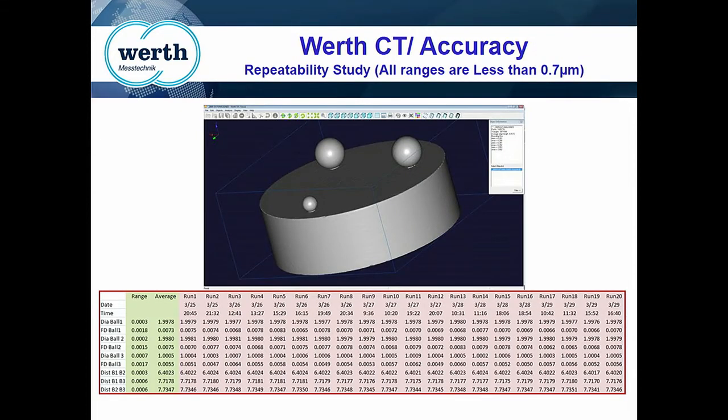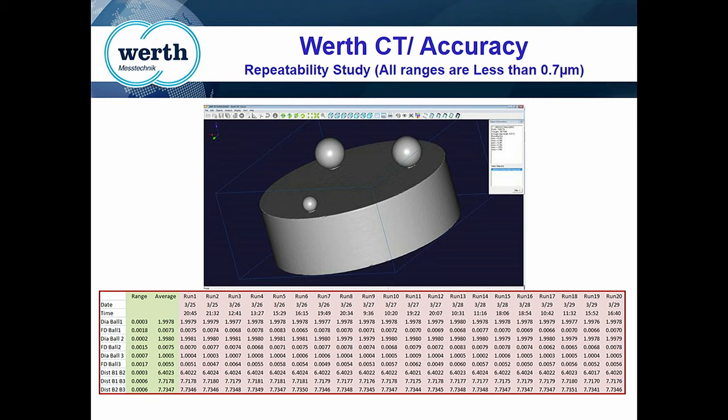In terms of repeatability, we did a study on this part over the course of a week, 20 measurements, all at different times of the day. We were looking at 6 things: the diameters of all the balls, and then the distance between their center points to each other.